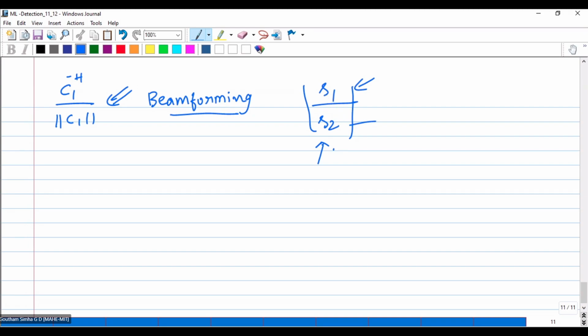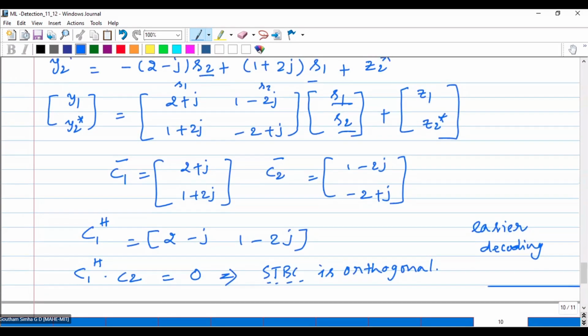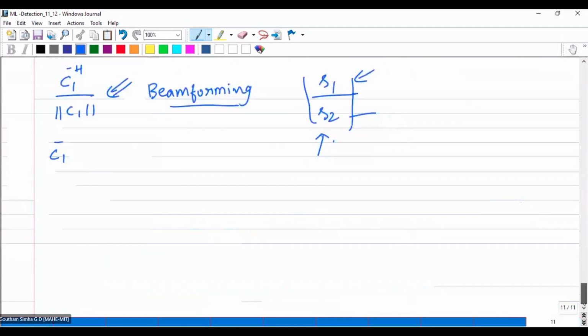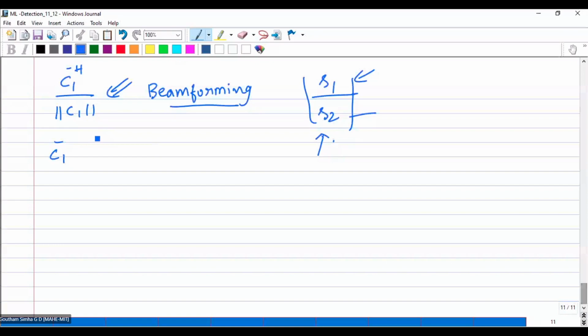So similarly, to decode S1, that is C1, you write it properly, C1 bar is equal to 2 plus j, 1 plus 2j. Okay. C2 is 1 minus 2j, minus 2. Okay, fine. Now C1 Hermitian divided by norm of C1 into y.